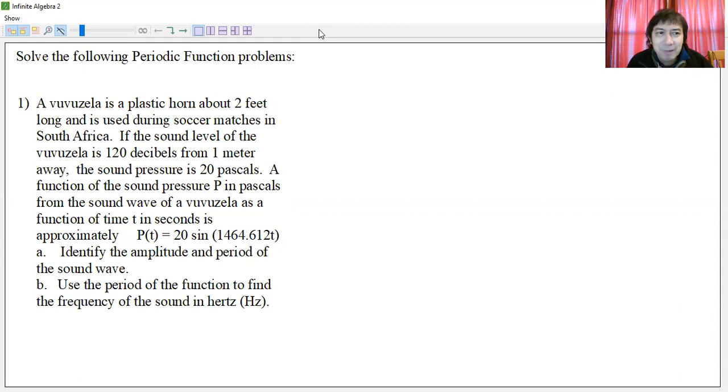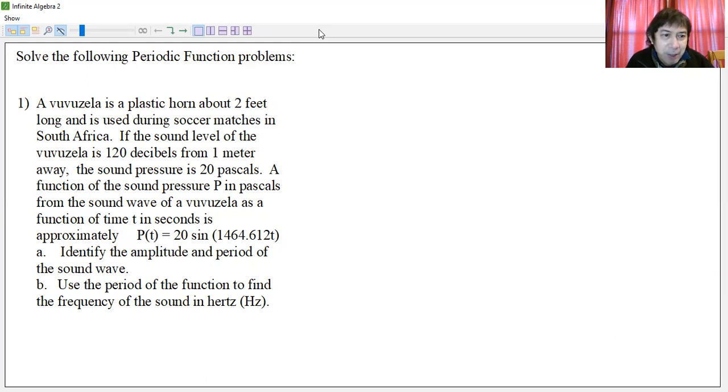First, what is a vuvuzela? It's an instrument that produces sound. We're not going to use the 120 decibels or the 1 meter. The sound pressure 20 is obviously the amplitude, 20 pascals.